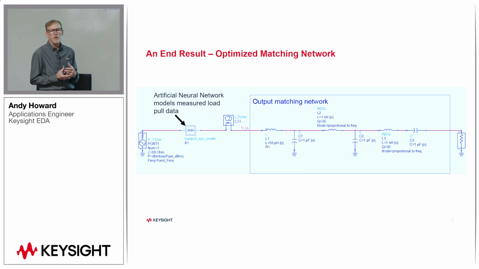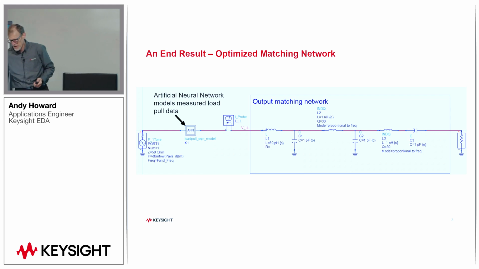But sometimes those models aren't available and all you have is measured load pull data. You can read that data into ADS and use it to continue the design process, designing an impedance matching network so that you can get the performance you want from the transistor or make trade-offs.